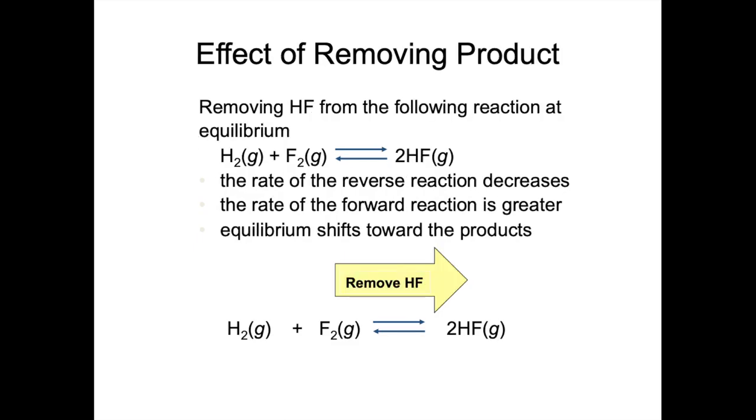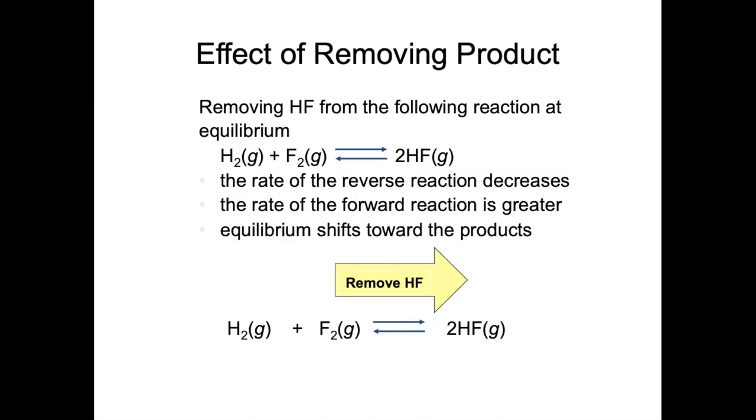By the way, if you remove hydrogen fluoride, the product, the equilibrium will shift towards the product side to make more of it. Again, this is just due to that imbalance you've created between those two reaction rates, and so essentially one reaction picks up to try and bring those concentrations back into balance.